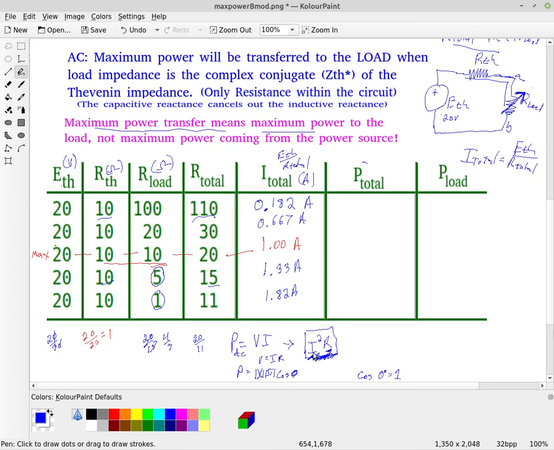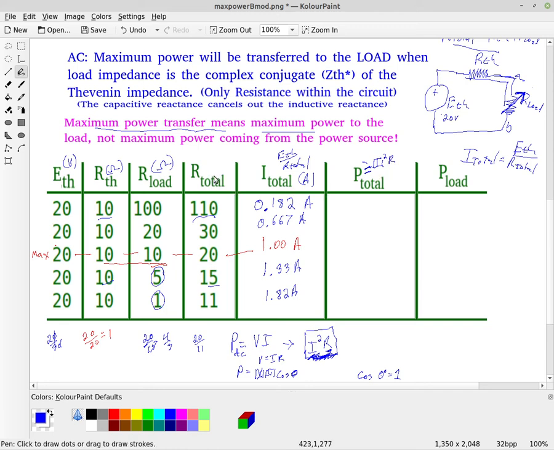Power inside of a resistor is I squared R. So if we have total power, whether it's AC or DC, if I know the magnitude of the current, I don't have to worry about the phase angle, even in AC, because it's simply the magnitude of the current squared times the resistance.